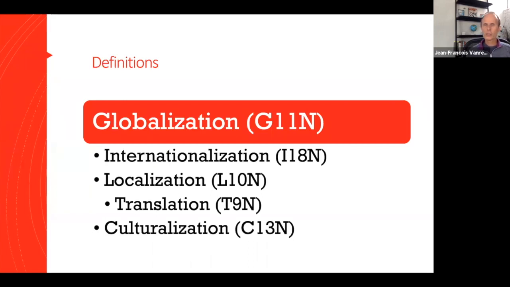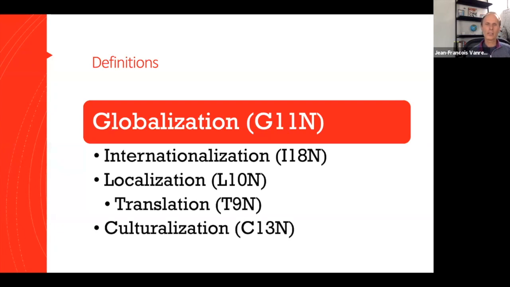So the definitions. In the globalization industry, we usually have four key definitions, four key concepts. The first one is globalization, and in parentheses you see G11N. For those who are not familiar, the 11 represents the number of letters between the letter G and the letter N, and the same rule applies for the other concepts on this slide.